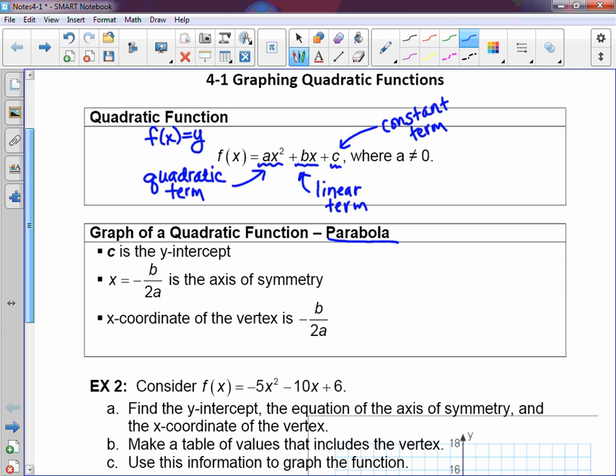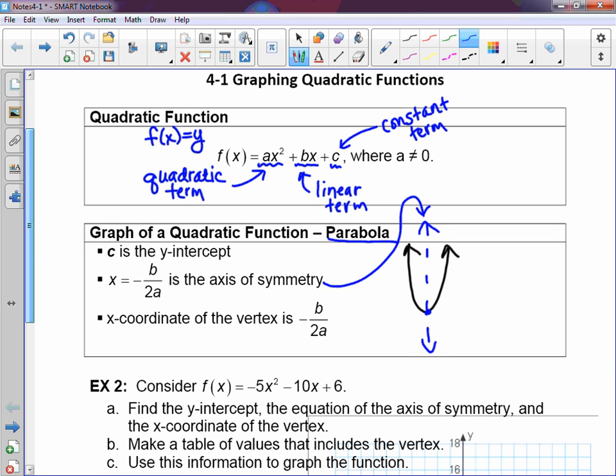And then we have this nifty little equation here that helps us find the axis of symmetry. What is the axis of symmetry? Well, this is what a parabola looks like, something like that. The axis of symmetry is this line that runs straight smack dab down the middle of that graph, going through the vertex.